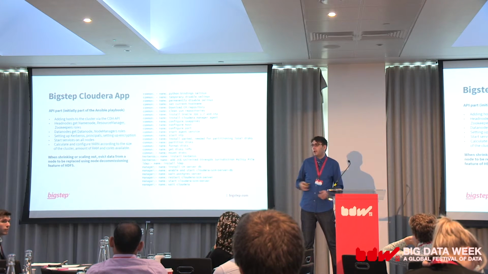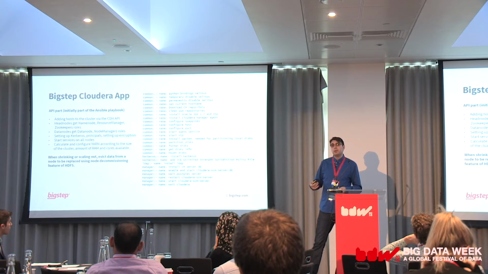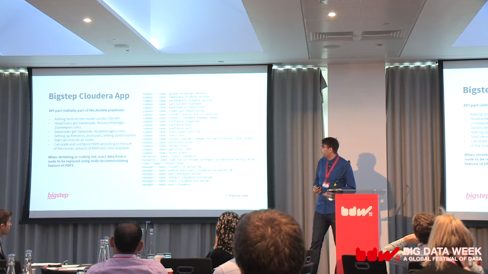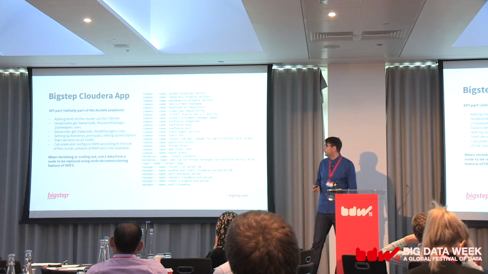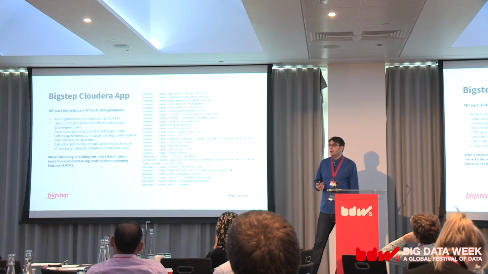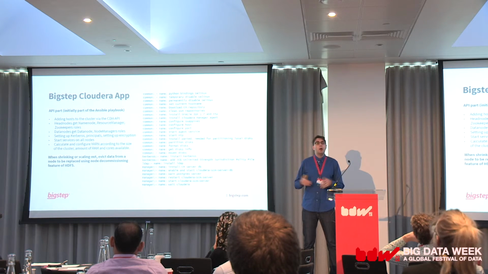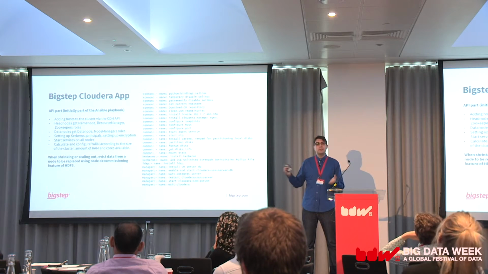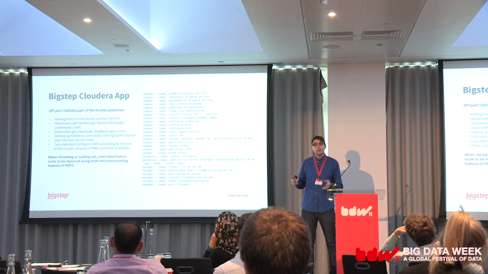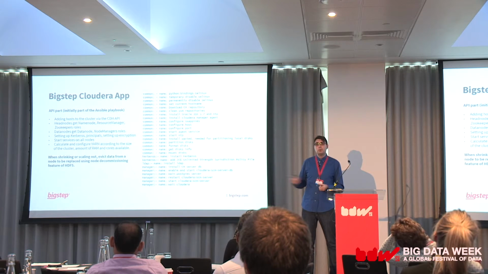Also through the API, based on the resources available on the cluster, we calculate default values for configuring different services like Yarn. Another important thing is that when someone wants to scale down the cluster, we first evict the data, making sure that there is no data on the node that is being removed. Afterwards, we remove that node from the cluster so it's entirely safe.